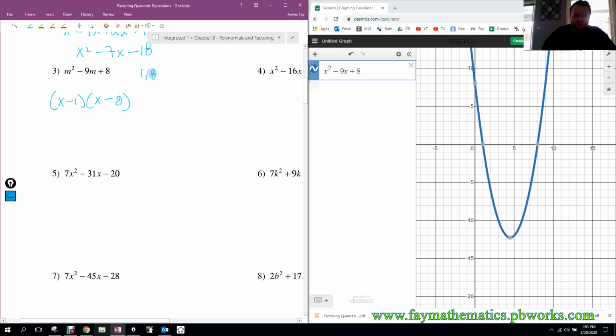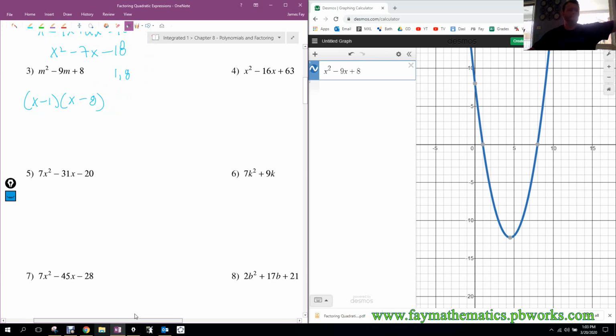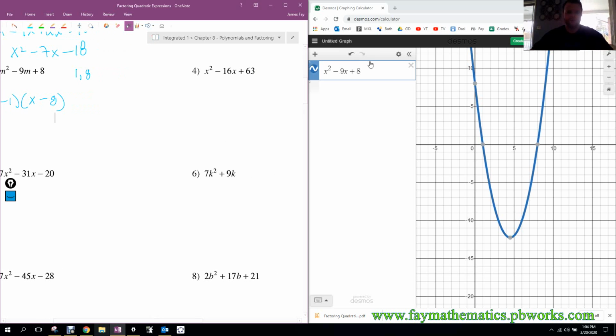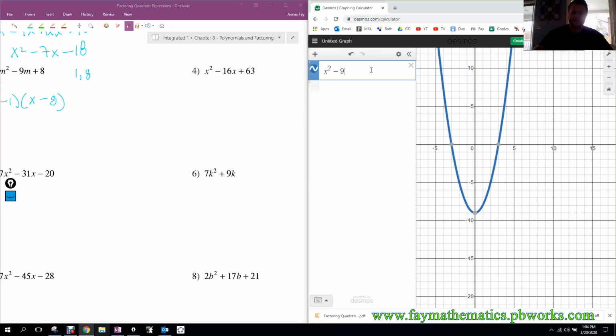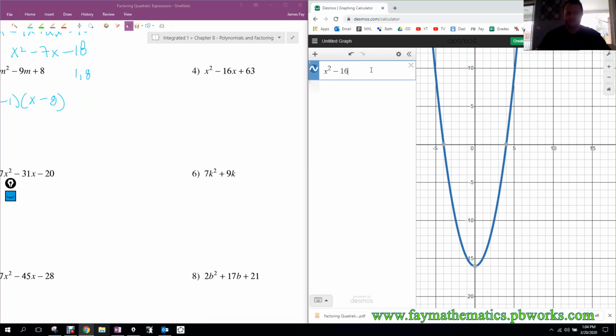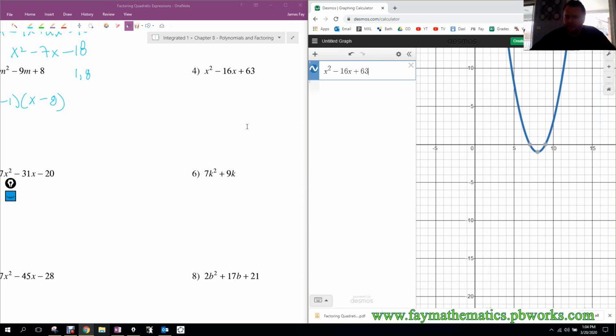Remember, we have to put the opposite of those in there. So it was a -1 that goes in there. Again, you can FOIL and check that out. Let's go x squared minus 16x plus 63. And 7 and 9. So it's going to go x minus 7, x minus 9.